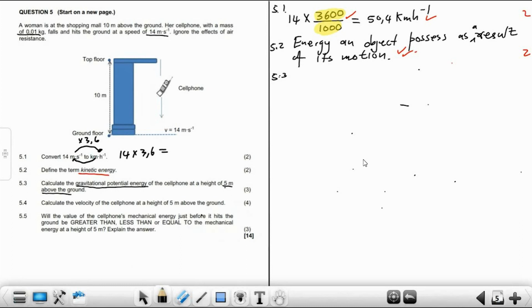And when you move the other way, you divide by 3,6. So this will give us now 50,4 kilometers per hour.